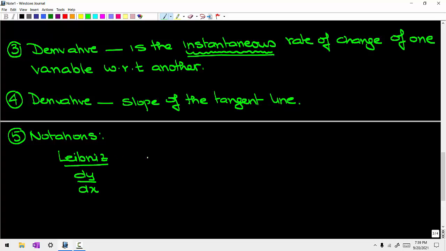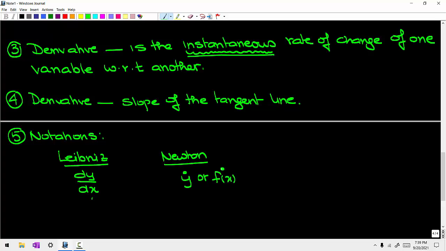Leibniz was one of the mathematicians credited with inventing calculus along with Newton. He used this notation for the derivative, dy over dx. He was very explicit, talking about the instantaneous change in y over change in x. Newton, who came from a physics background, used this notation, y with a dot, or f of x with a dot.